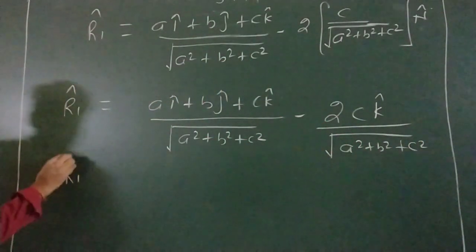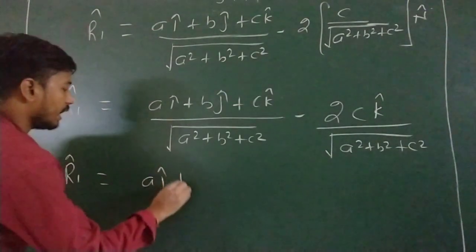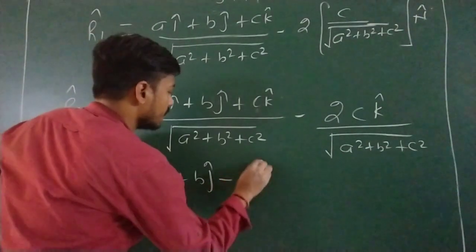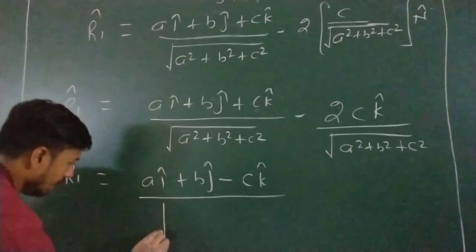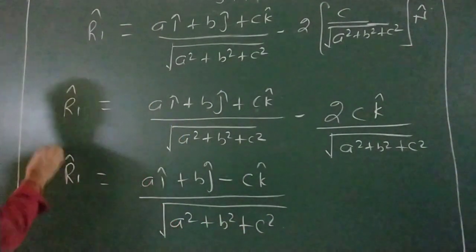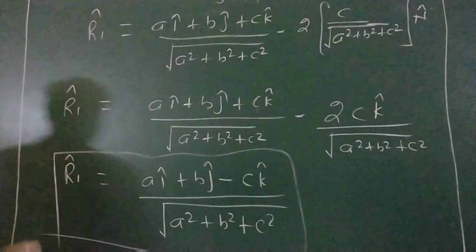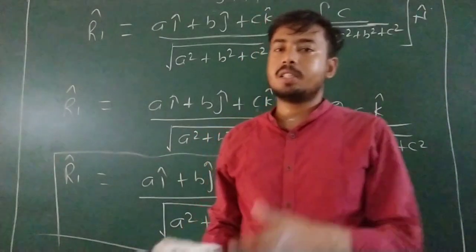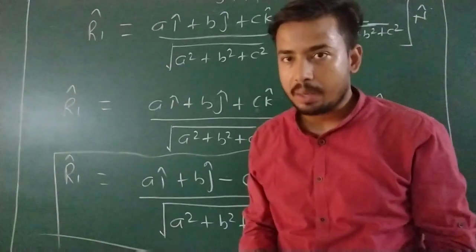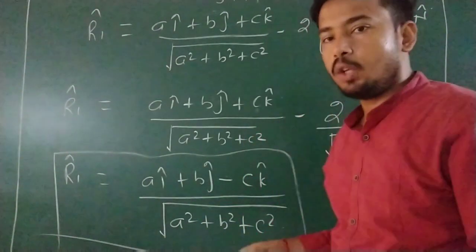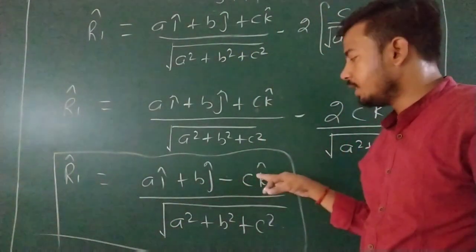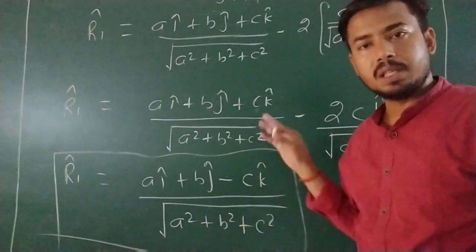So first reflected ray becomes A i cap plus B j cap plus C minus 2C, that is minus C k cap, divided by root of A square plus B square plus C square. So this is the answer of the first part, not the final answer. When light is reflected from a mirror in the xy plane, you get the first reflected ray A i cap plus B j cap minus C k cap divided by root of A square plus B square plus C square, right?